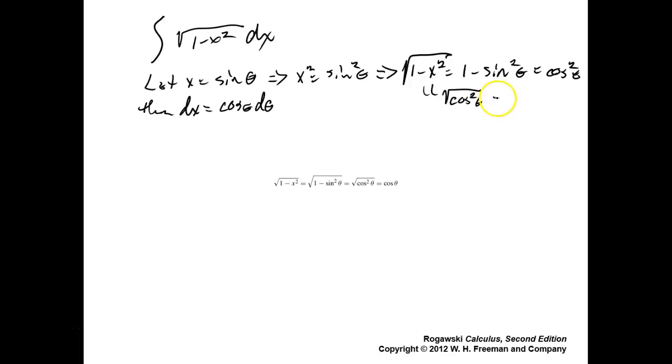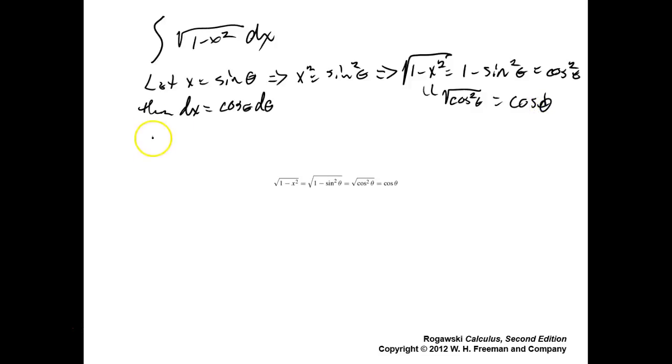Now you can skip some of these steps if you want to, but I was just drawing them all in. 1 minus x squared would be 1 minus sine squared theta, which is cosine squared theta. And then the square root of 1 minus x squared would be the square root of cosine squared theta, which is cosine theta.